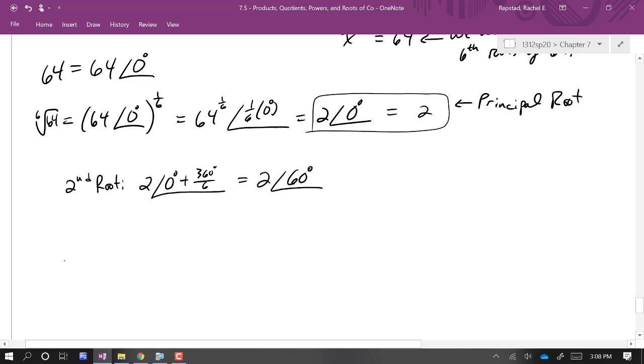Our third root, again, I'm just going to add 60 degrees again. Get 2 at 120 degrees.